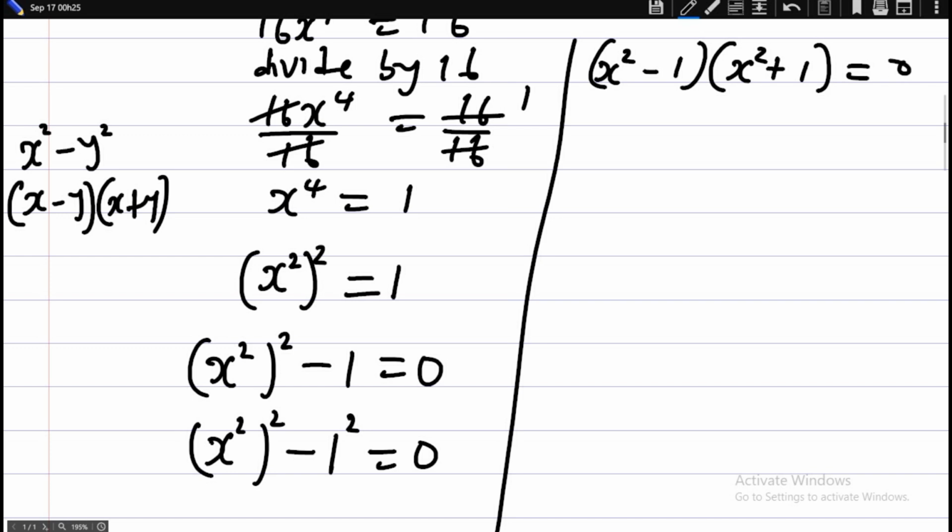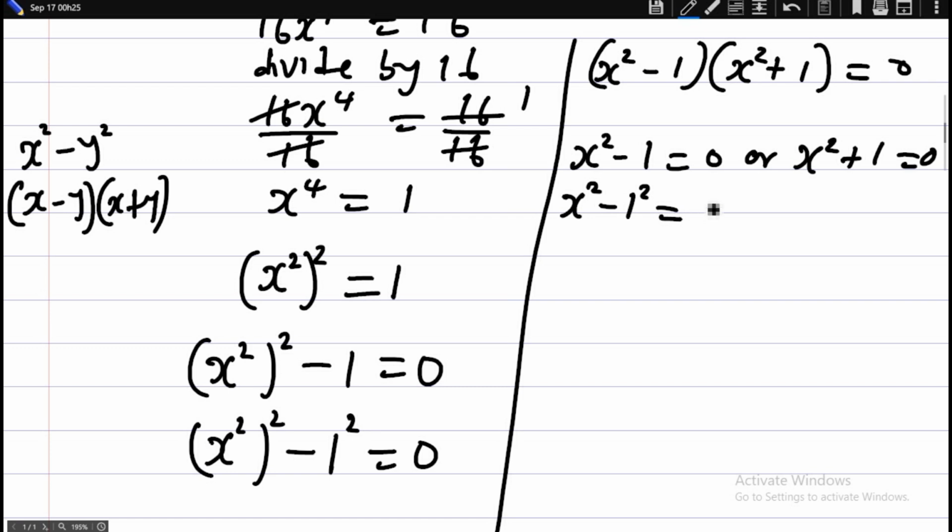Now, this is the product of two things being equal to 0, which means that one of them must be 0. So we can say that x^2 minus 1 is equal to 0, or x^2 plus 1 is equal to 0. Now, x^2 minus 1 can be written as x^2 minus 1^2 is equal to 0.